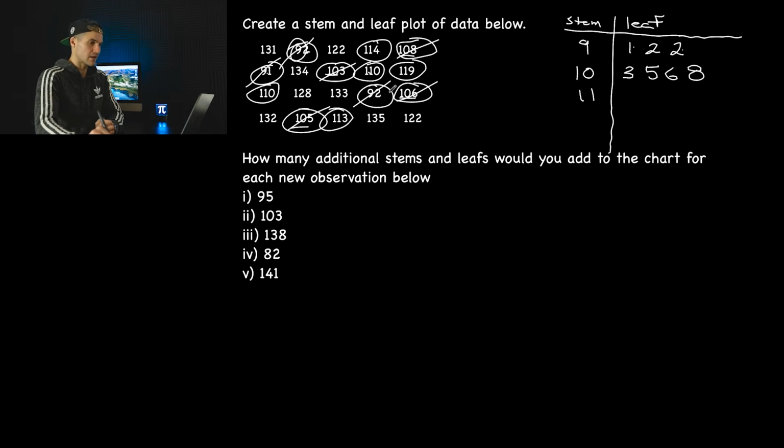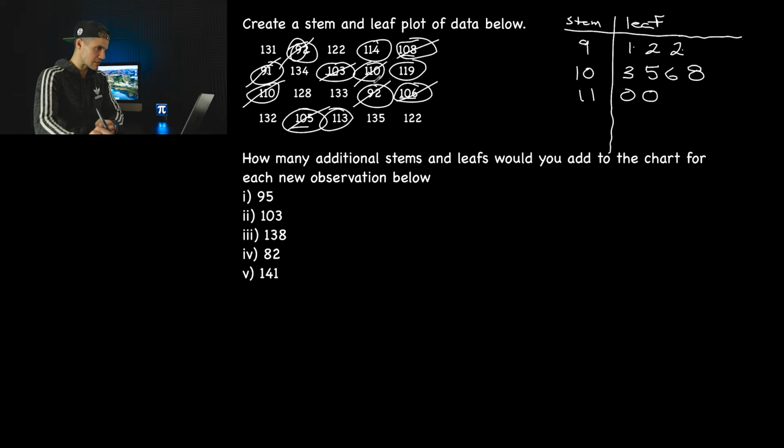Okay, so let's go in order. 110, that's a 0, and there's another 110 over here, so that's going to be a 0, like that. And then from there, we have 113 and then 114.